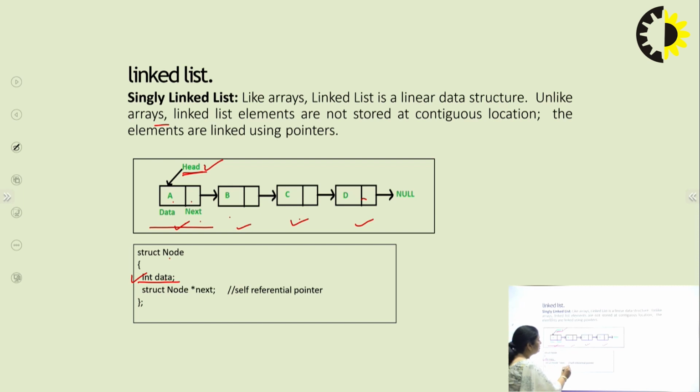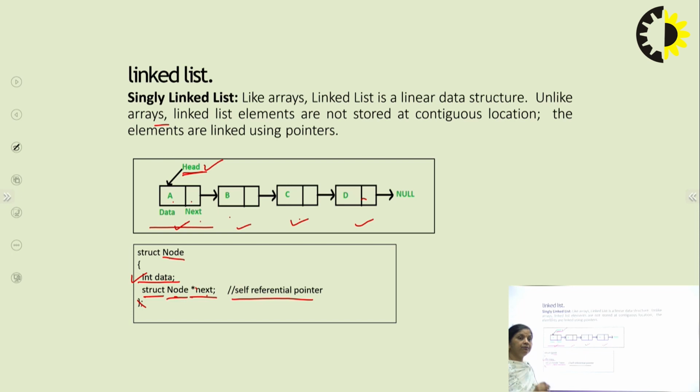And second is a self-referential pointer. What does it mean? It means with this data, we have to store an address. Address of what? Address of a node. What type of node? The same type which we have in the structure. So struct node *next, the same type of pointer.